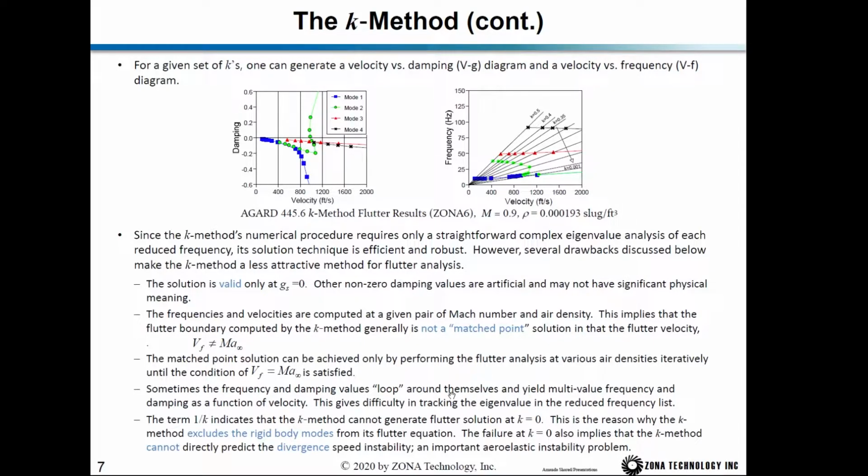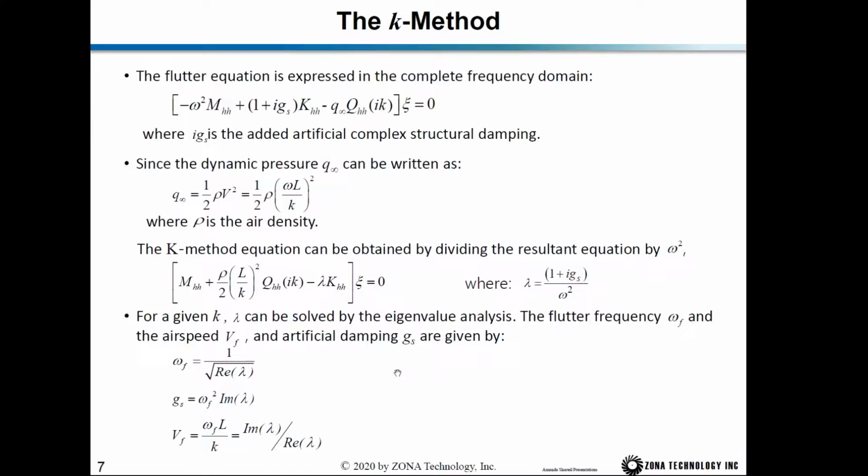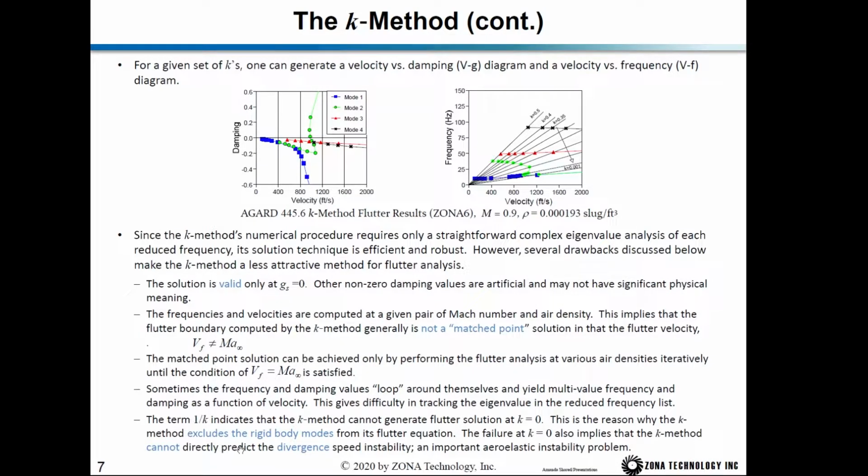And worst of all, because k is in the denominator, the term 1 over k indicates that the K method cannot generate the flutter solution at k equals 0. This is the reason why the K method excludes the rigid body mode from its flutter equation, because the natural frequency of the rigid body mode is 0, so you must exclude the rigid body mode from the K method.